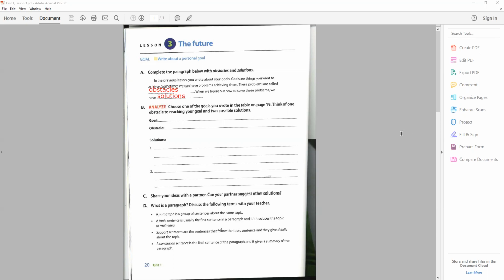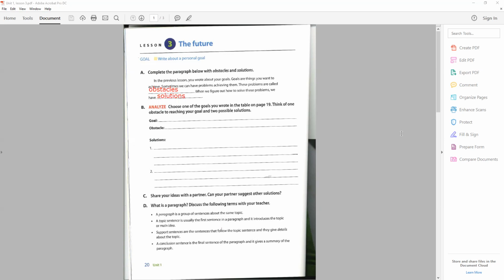B is going to be a section where you are going to have to do most of that piece on your own, okay? It says, choose one of the goals you wrote in the table on page 19. Think of one obstacle to reaching your goal and 2 possible solutions. Okay, so again, this is a part that you're going to do on your own, because you should still have page 19 of the previous lesson.